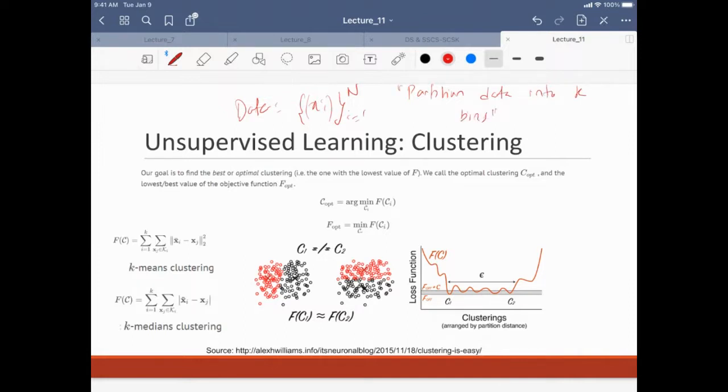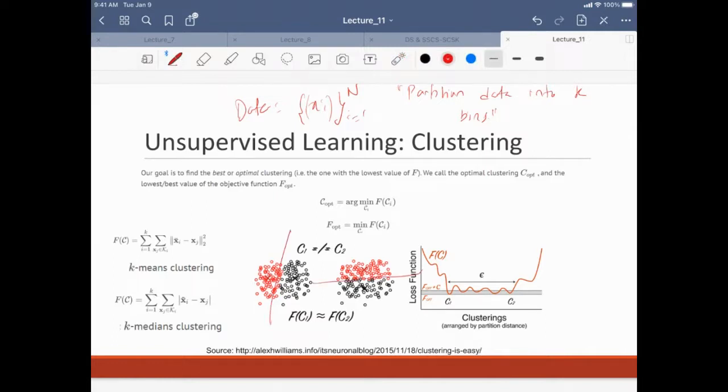So imagine that you know that there are two classes, but you don't have any labels for your classes. Then what can you do? Well, clustering will say that points that are close by to each other should belong to the same class. So you'll try to get a decision boundary that looks something like this.